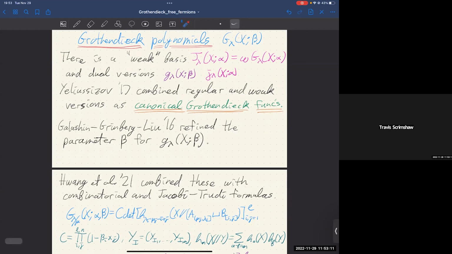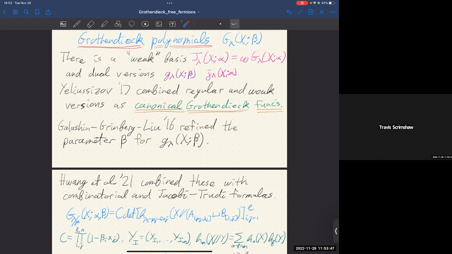Now, Galashin, Grinberg, and Liu gave us a way to refine this parameter beta. And, well, I shouldn't speak for Dari since he's floating around here, but at least one of the reasons, as I see it, why we want to refine this is because we want to keep track of where the failures from being a semi-standard Young tableau happen with the combinatorics.